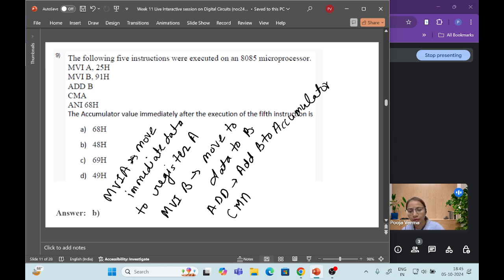CMA, what does the instruction CMA mean? Complement the content of accumulator, right?